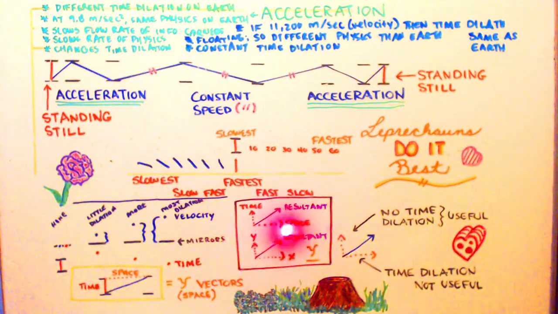Okay, we do this all the time with resultants, and we have an X and a Y component. We never say that they're going in some kind of freaky time dimension. No. This represents the resultant of the vector of the photon, not you.